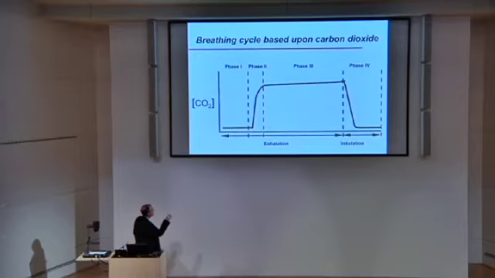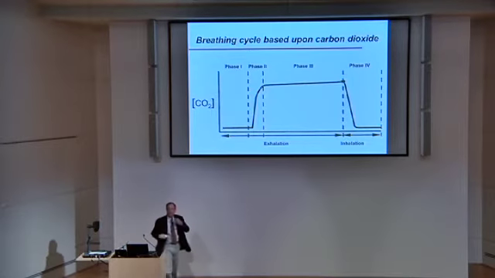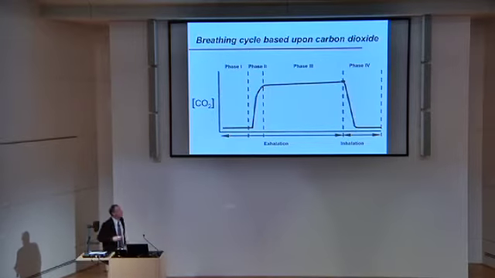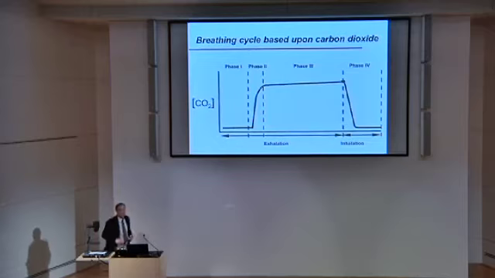When you start to breathe, carbon dioxide increases because you're starting to get dilution of the dead space with air from your deep lung. And then finally you'll reach the plateau, phase 3, known as the end stage, end tidal breath. And then phase 4 is inhalation again.